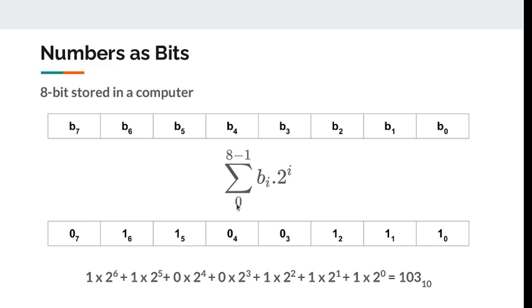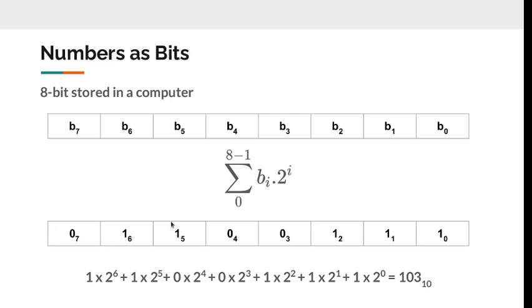So we have positions 0 to 8 minus 1, that is 7, with the most significant bit being position number 7 and the least significant bit being position number 0. For example, we have here 0, 1, 1, 0, 0, 1, 1, 1. This is 103 in decimal. So this is how you're going to represent numbers in the computer.